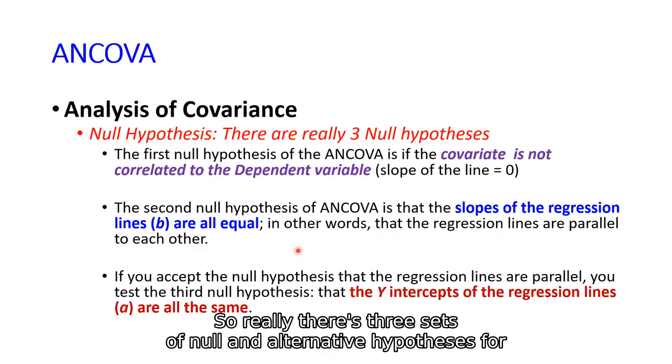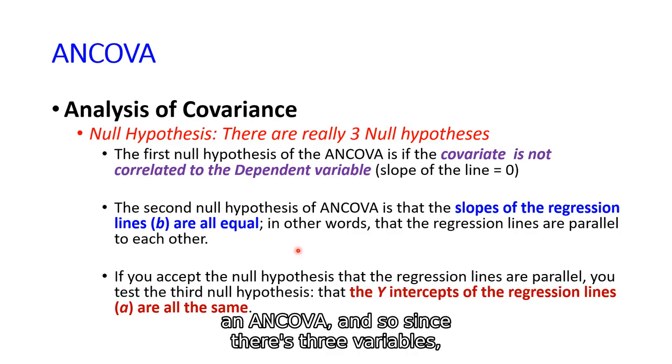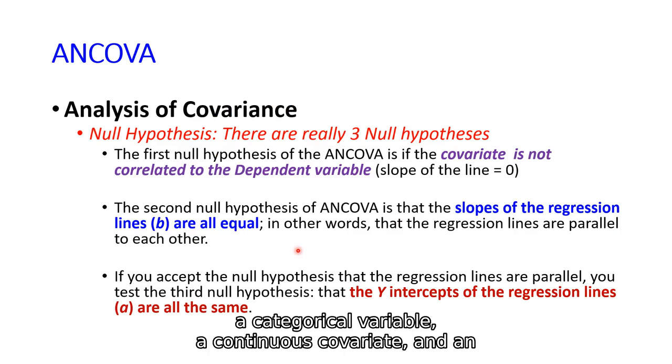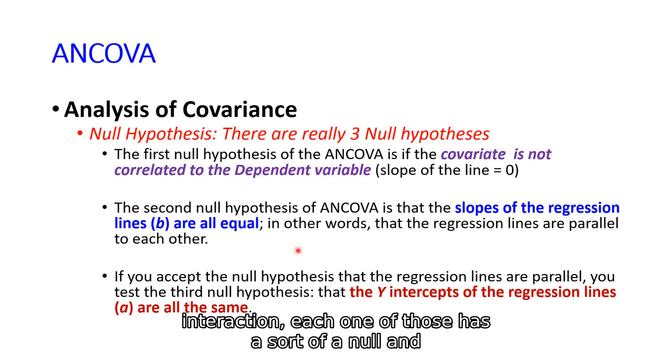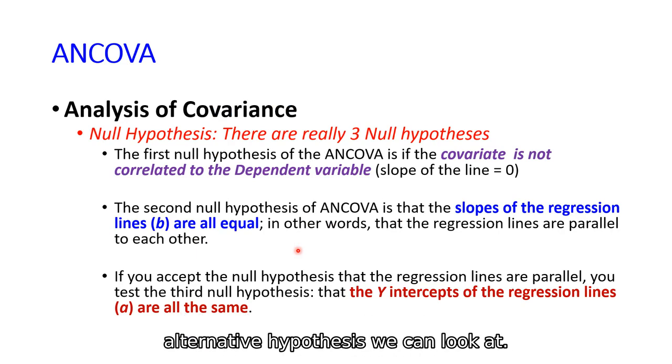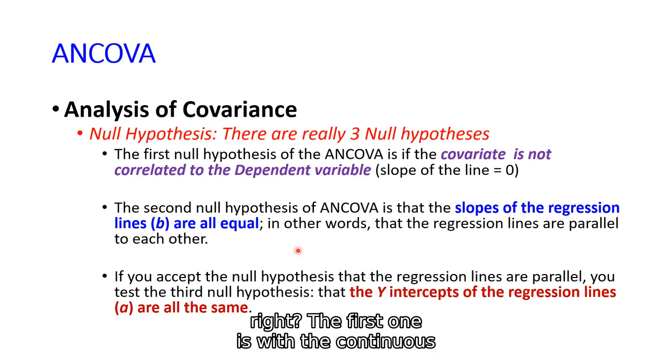So really there are 3 sets of null and alternative hypotheses for an ANCOVA. Since there are 3 variables, a categorical variable, a continuous covariate, and an interaction, each one of those has a null and alternative hypothesis we can look at, right?